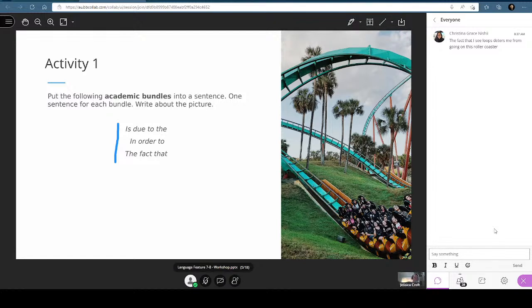I like it, Christina. I feel very much the same way. And also, if you look at the people at the front, particularly like the person with the glasses, I don't know if they're still conscious or not.